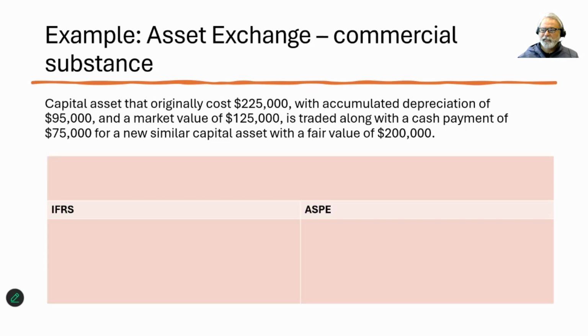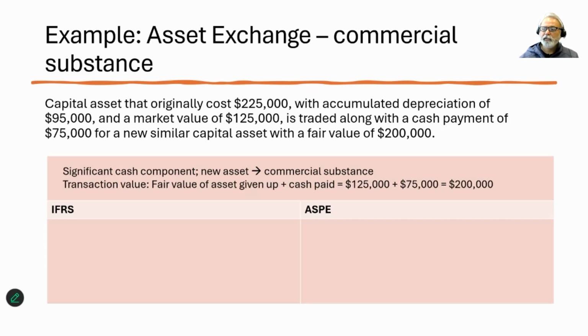In this case, we notice that there is a significant cash component and you're getting a new asset. Certainly this results in a reconfiguration in the entity's cash flows. This exchange possesses commercial substance. So the transaction value is essentially the fair value of the asset given up plus cash paid. That works out to $200,000.